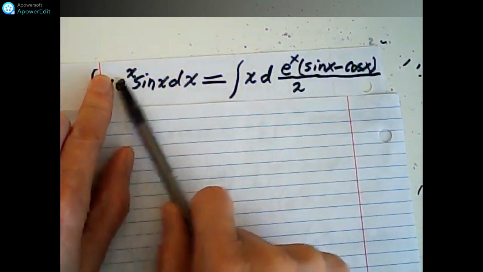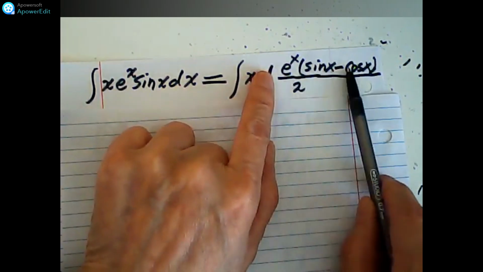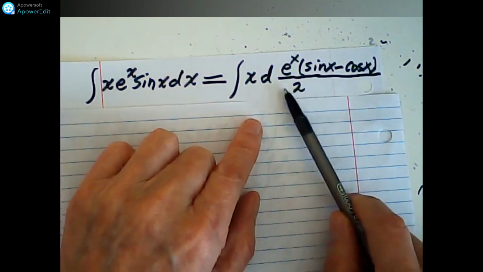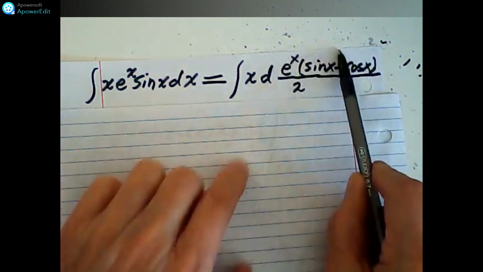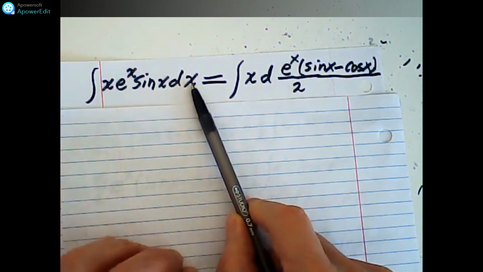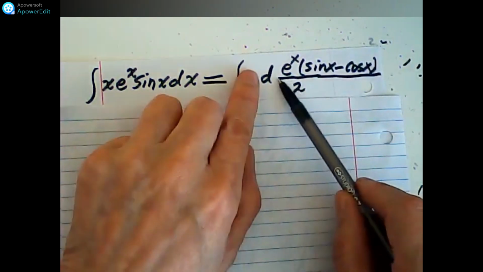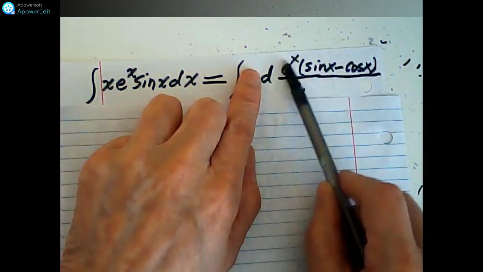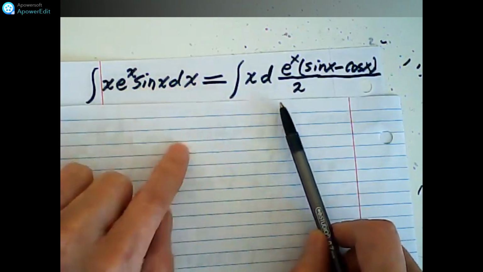The result of the integral is half e to the x times (sine x minus cosine x). Therefore, the derivative of this with respect to x is e to the x sine x. Or if you haven't seen it, you just differentiate this. You can get e to the x sine x.